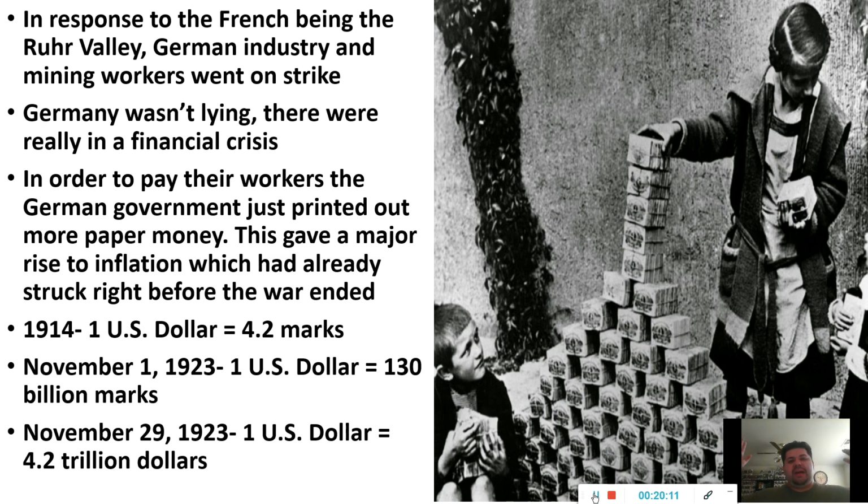That could fill up my apartment. Now you would think, oh, I'm rich, I have all this money. No, you just basically have a bunch of trash in your apartment. It's worthless. And here's where it gets even worse. Later that month, before the month ends in November 1923, one US dollar was 4.2 trillion, I should say marks.